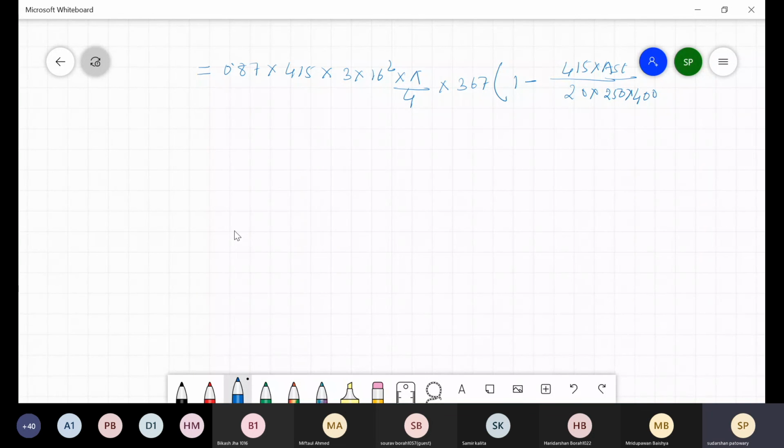So from here, you will get this value as 68.9 kilonewton meter. Clear? Is it clear to you? Yes, sir.